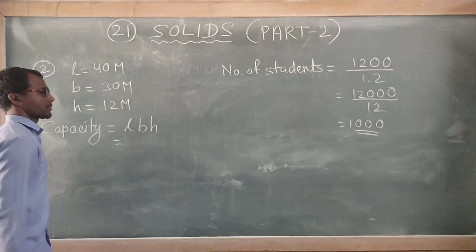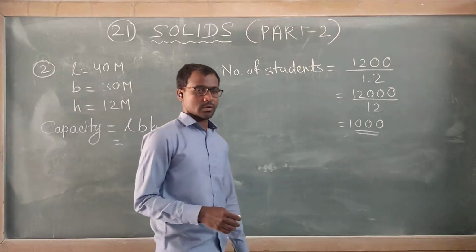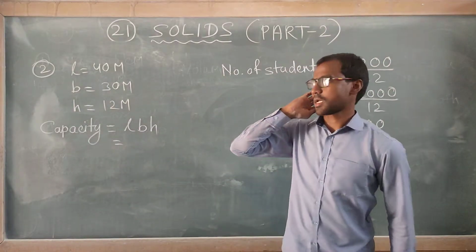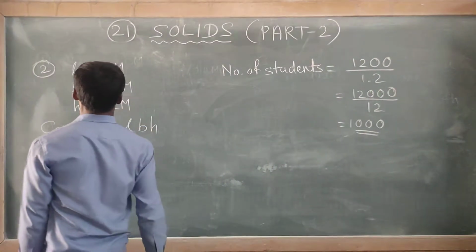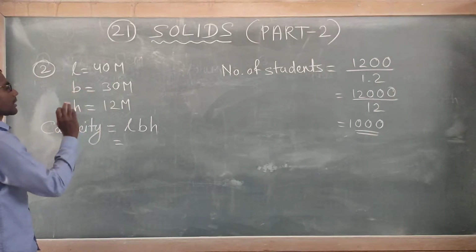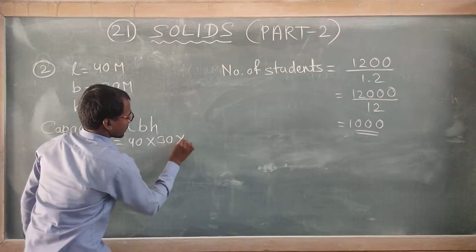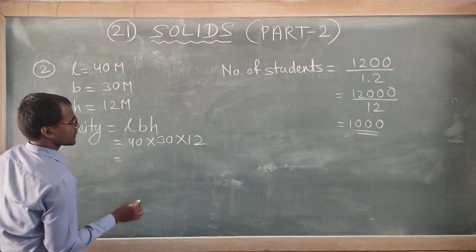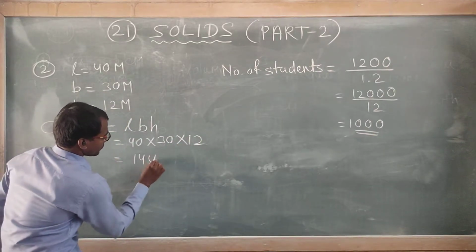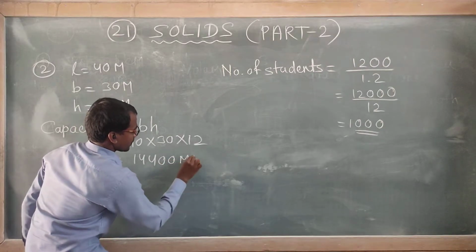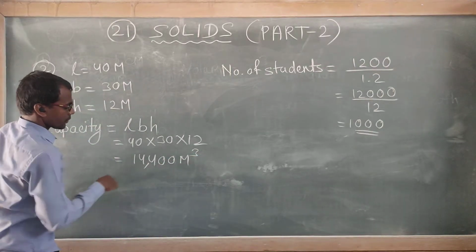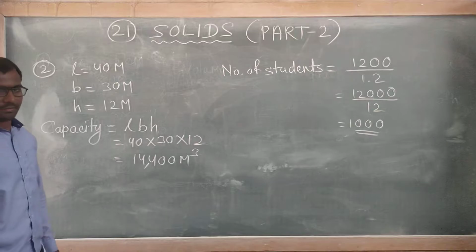Actually, capacity means internal volume. Capacity is equal to L B H. So 40 into 30 into 12, which is 14,400 cubic meter.